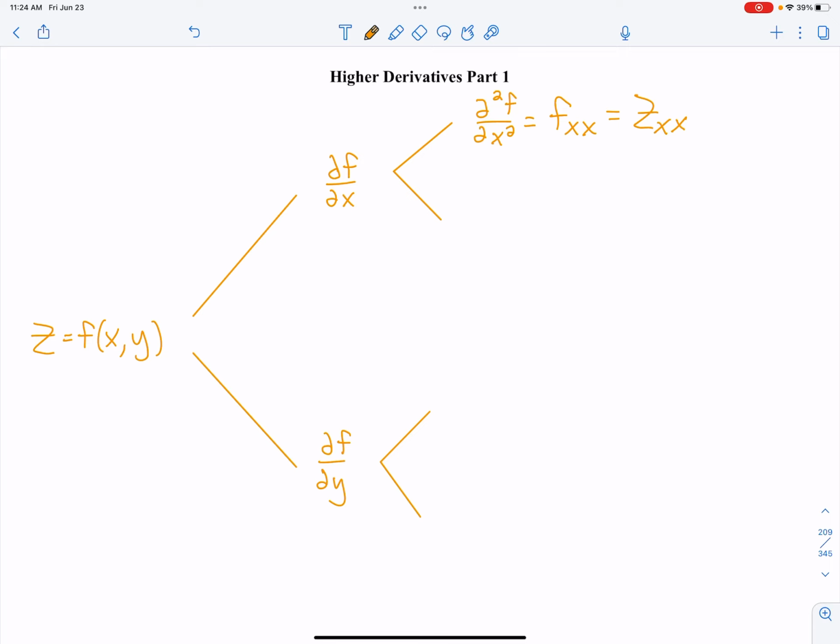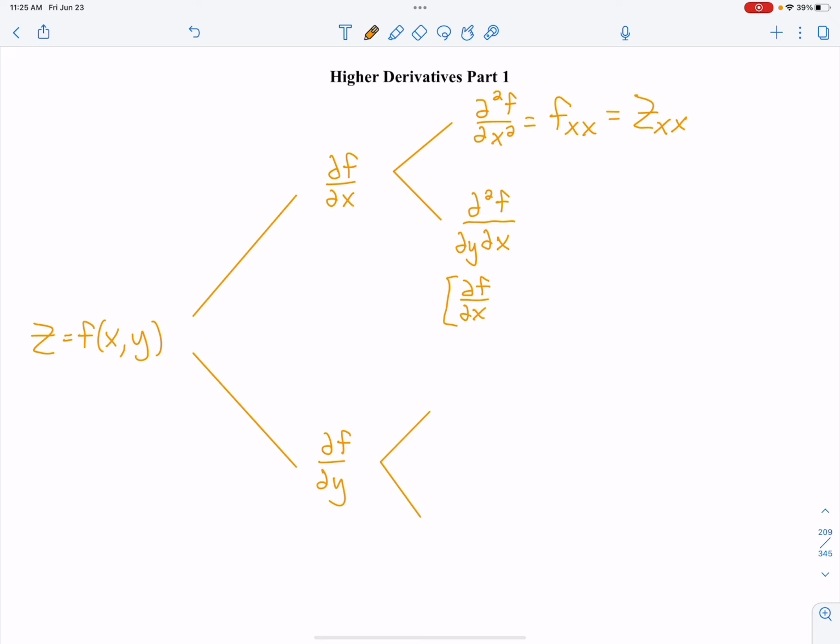The next part is pretty confusing. For the partial derivative of f, we took x first, and above was xx. Now we're doing xy. How this looks is a little confusing, because we put our y first. The reason is that I take my partial of f with respect to x.